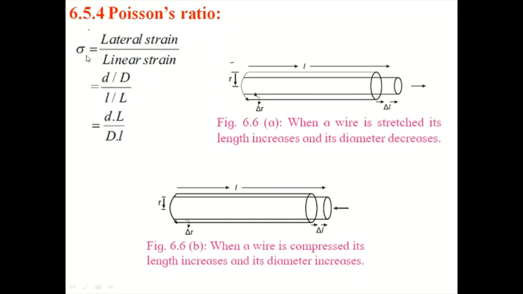Lateral strain is delta D by capital D and linear strain is small l divided by original capital L. So delta D into capital L divided by capital D into small l is the Poisson's ratio.